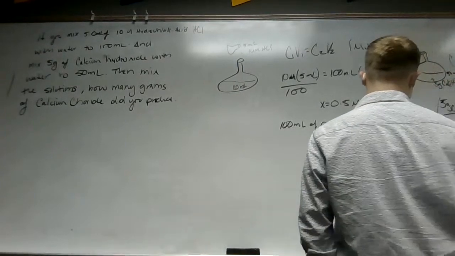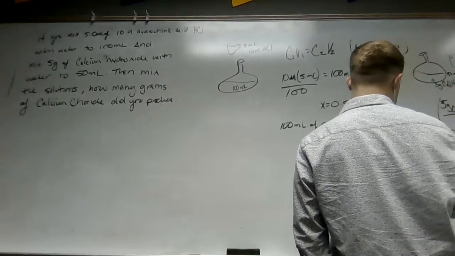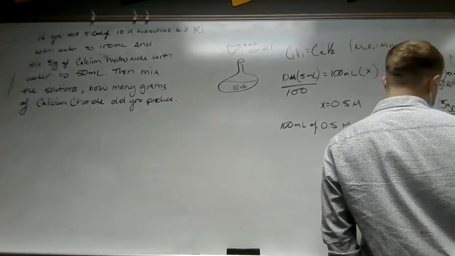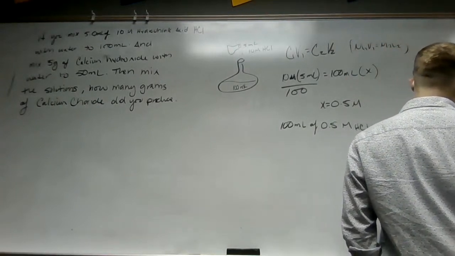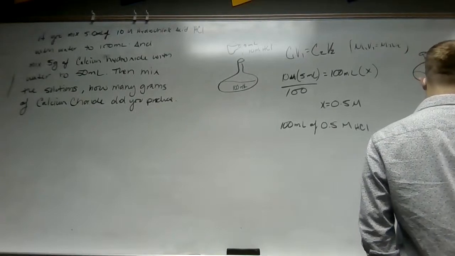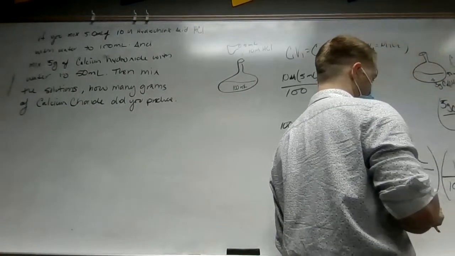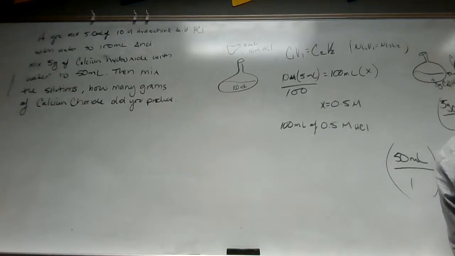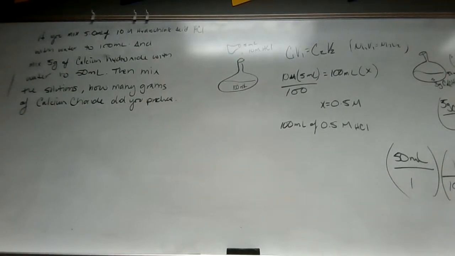So how many liters is that? We've got 50 milliliters, and we know that there are 1,000 ml in 1 liter, or 10 to the third. We would get 0.05 liters.